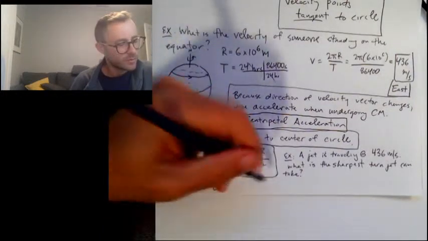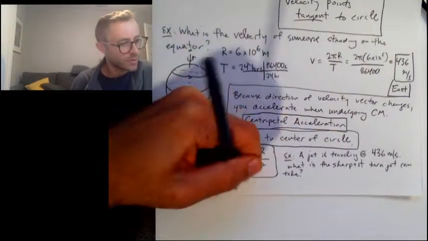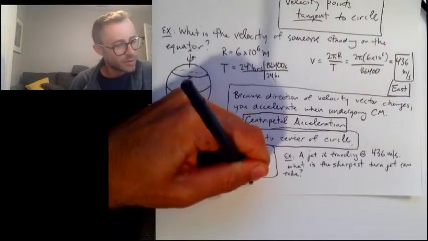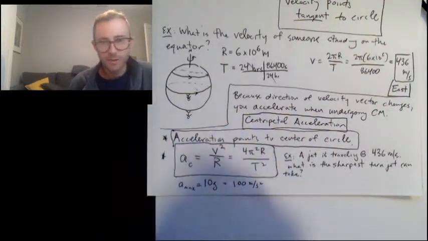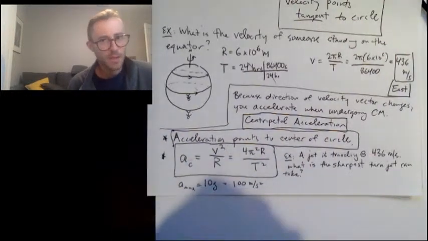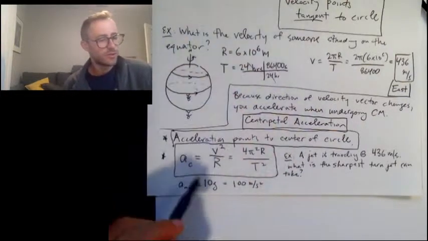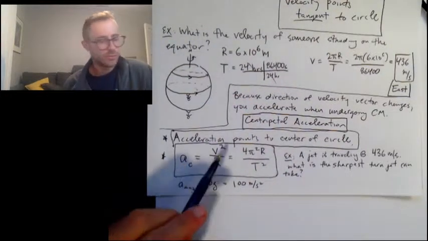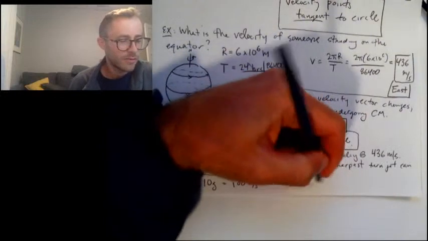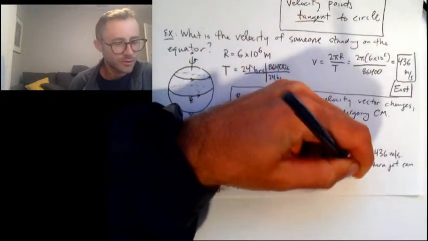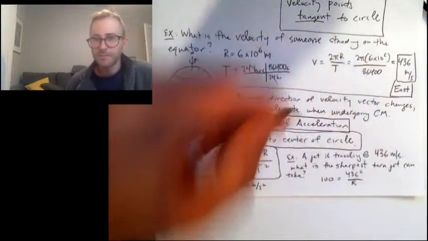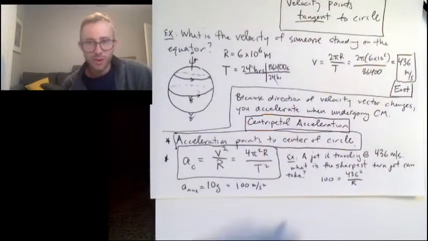So G is 10 meters per second squared, and the maximum acceleration that you can undergo without passing out is about 100 meters per second squared. If we use this equation, a sub c equals v squared over r, we have 100 equals 436 squared divided by r, and we can solve for r.